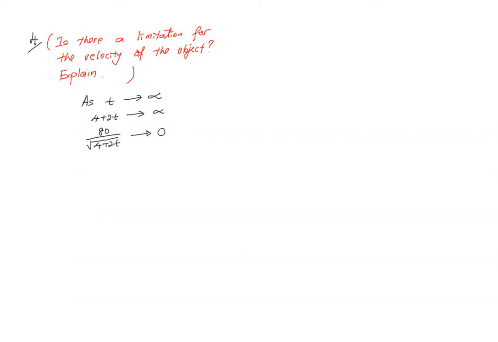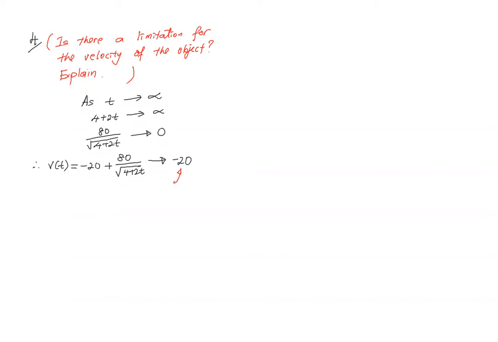So therefore, my V(t), which is equal to negative 20 plus 80 over square root of 4 plus 2t, will approach negative 20. So is this an upper limit or the lower limit?